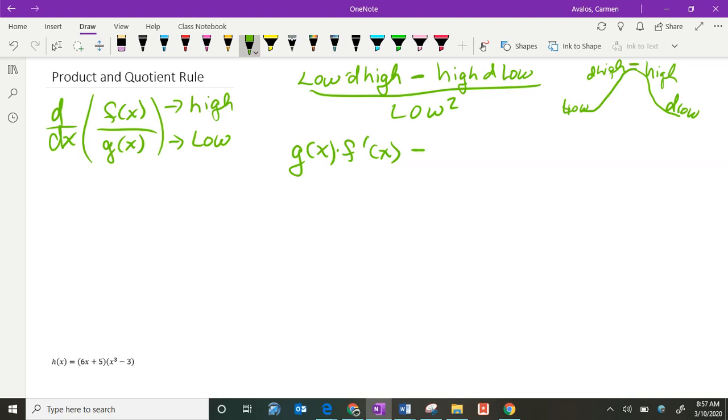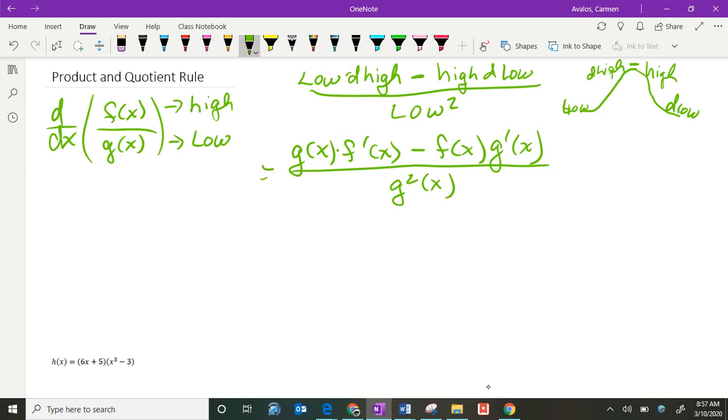So there's a minus at the top. You're going to have the high, which is your regular f of x, not the derivative, and then the d low, which is the derivative of the low, which is g prime of x. And then this is all over g of x, the low, squared.